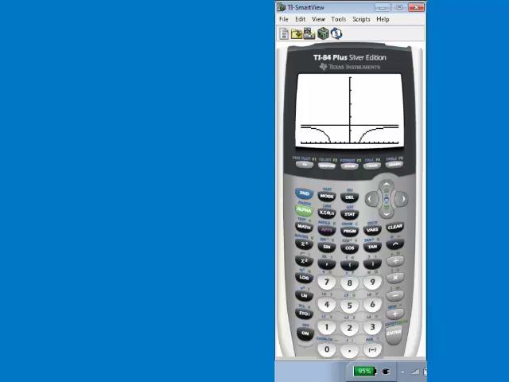Well, it's kind of interesting if your calculator has a good healthy battery and you've got a lot of time on your hands. Trace on the rational function and then start pressing the right arrow.